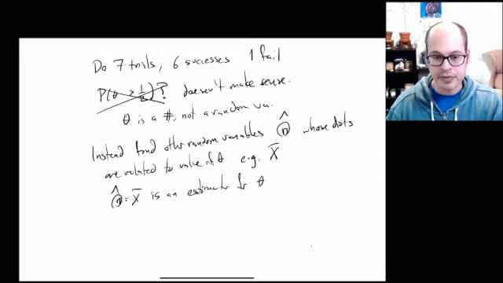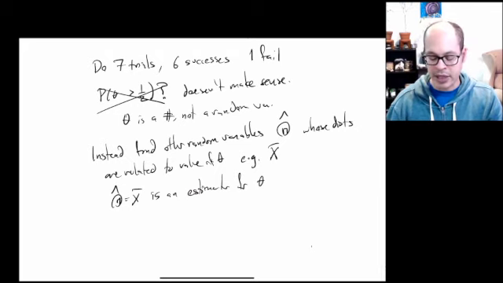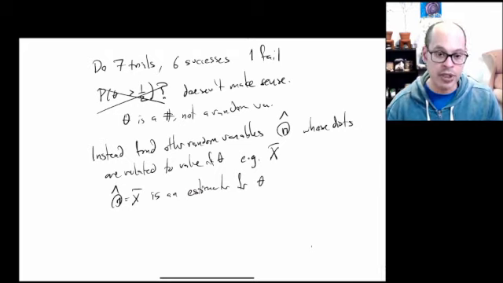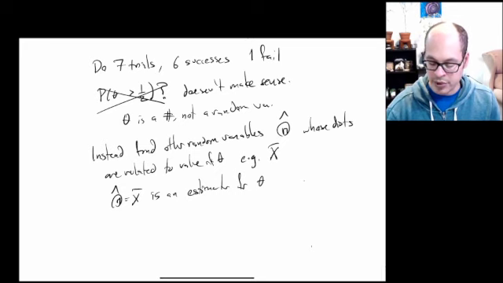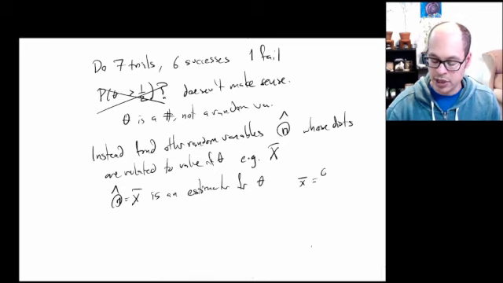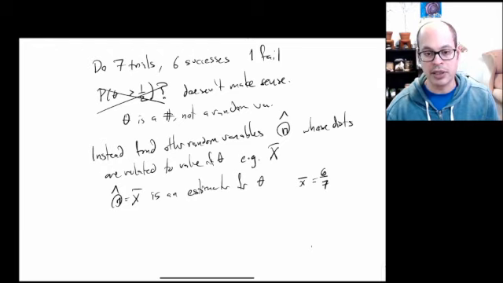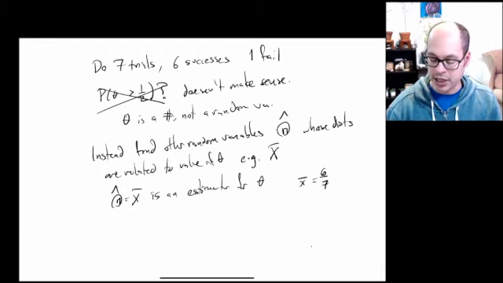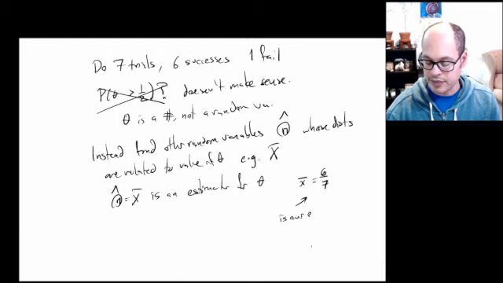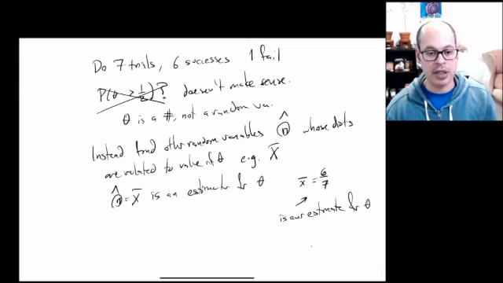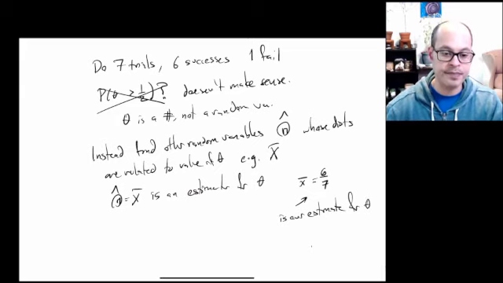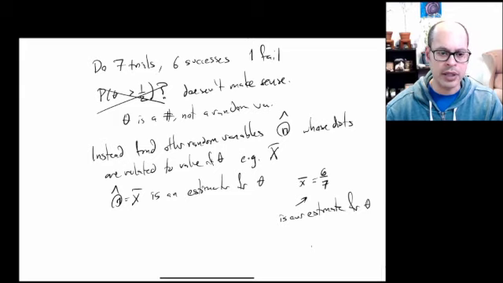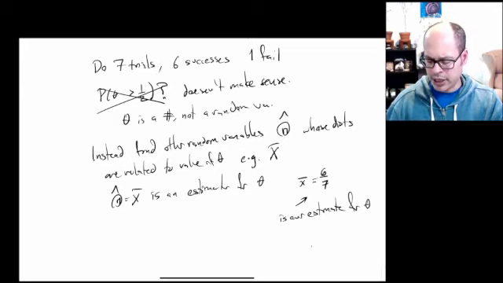And so we make the point estimate that in our particular case we got a measured value of 6/7 for our sample mean, and that is our estimate for this parameter theta. Again, this doesn't necessarily mean that it is actually close to theta.